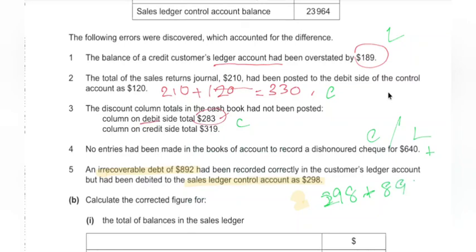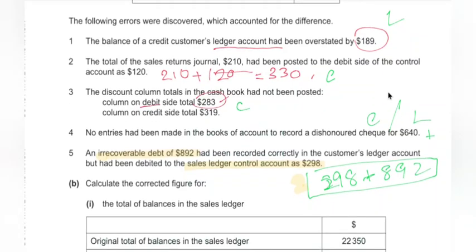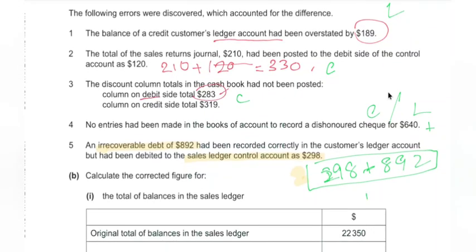So this irrecoverable debt should have been on the sales ledger control account credit side as 892, but because this was recorded as 298 on the debit side, the total amount that we need to cut down for this value will be 1190, right?